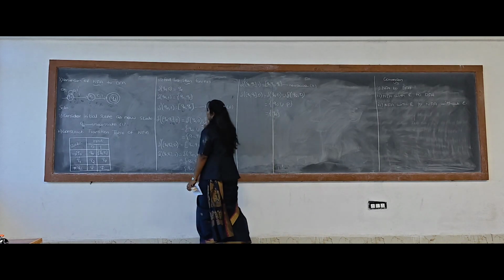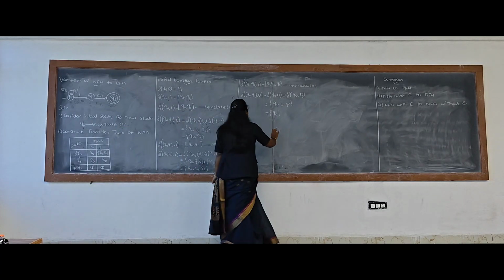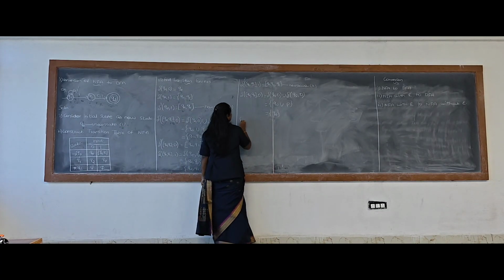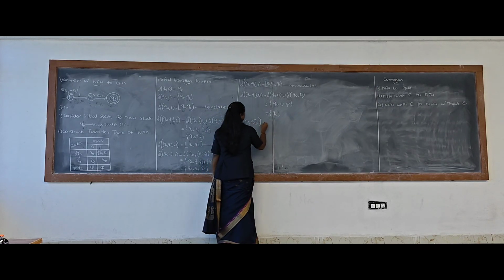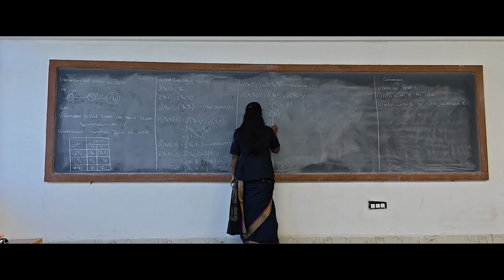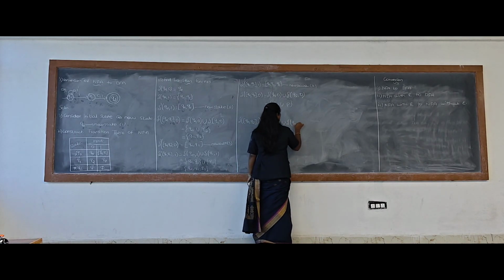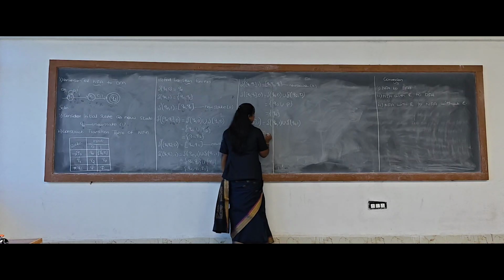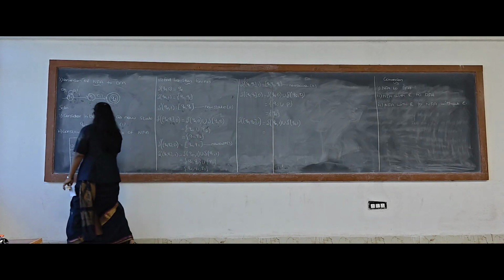Okay, the next one is transition function of q0 comma q2 comma 1. We can write transition function of q0 comma 1 union transition function of q2 comma 1. Transition function of q0 comma 1, we have q0 q1, right?